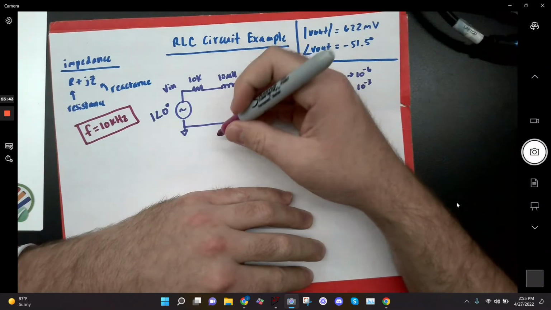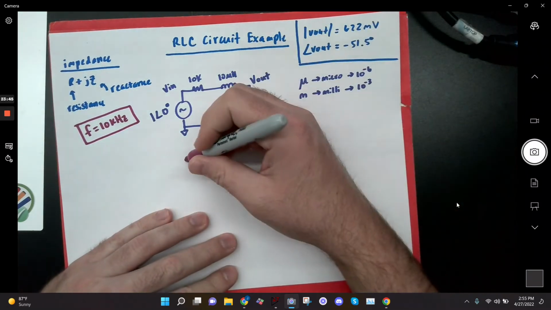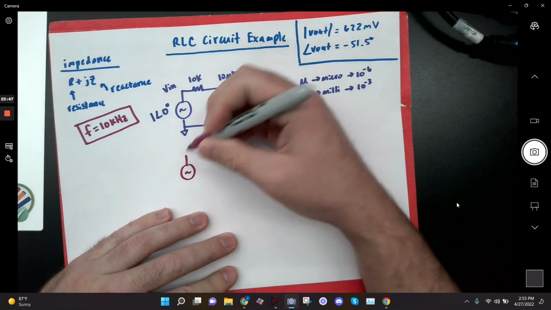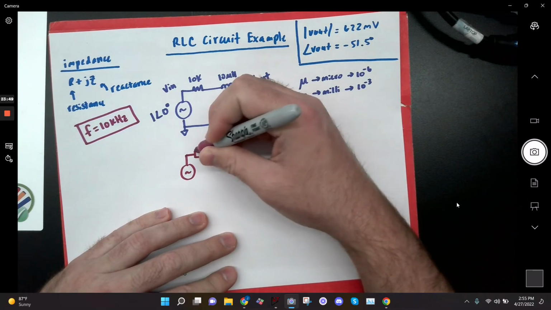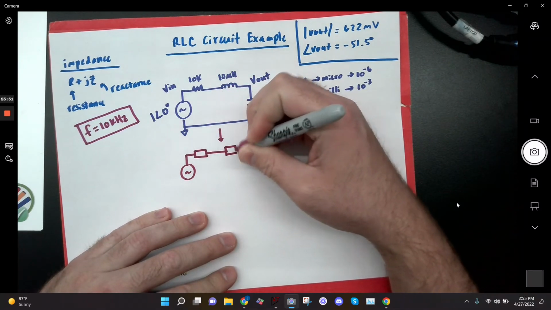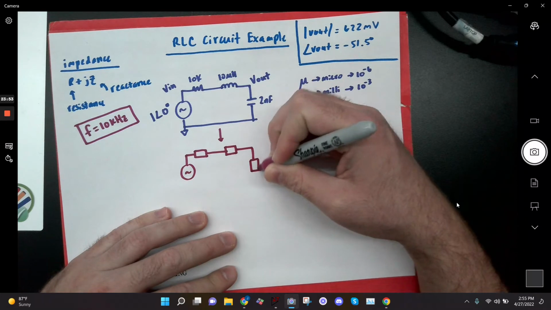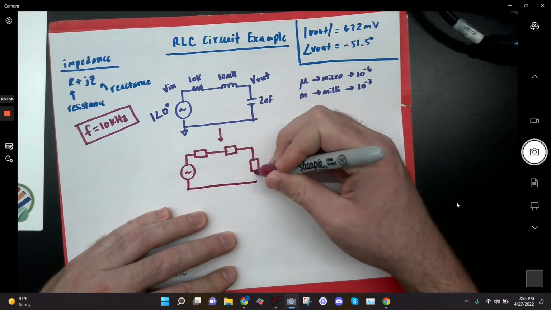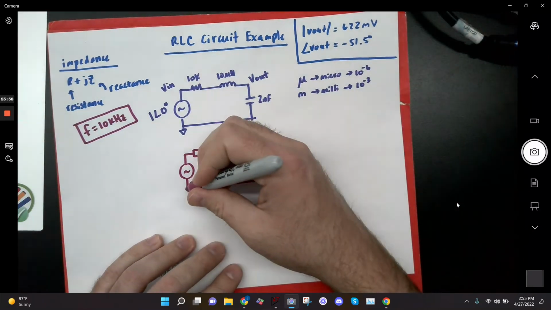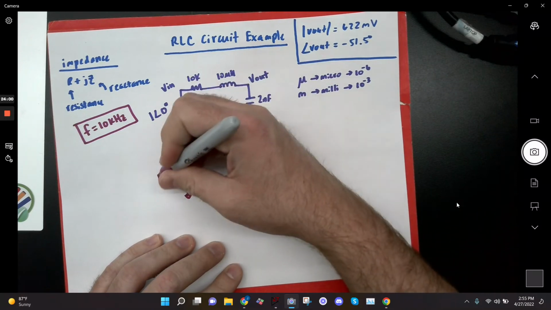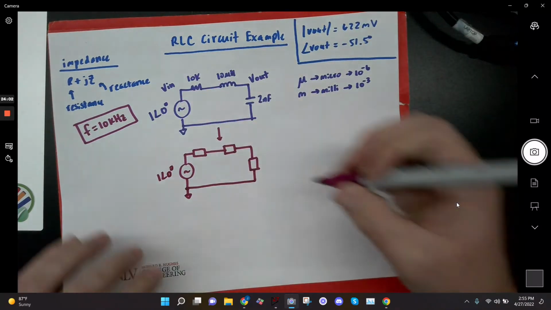So I'm going to go ahead and convert this into a phasor circuit, or basically just impedances. That's an impedance, that's an impedance, that's an impedance. This is 1 angle 0. This is 10K.